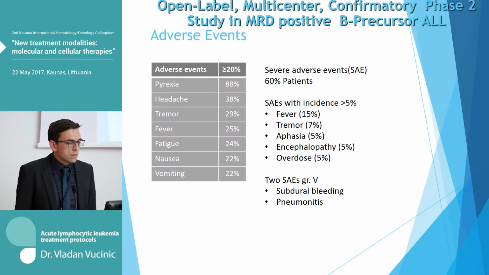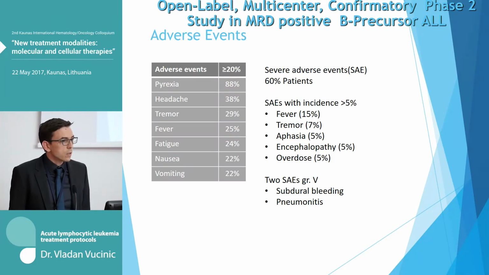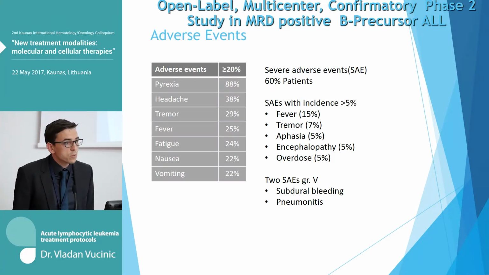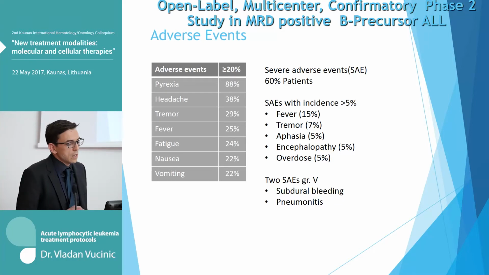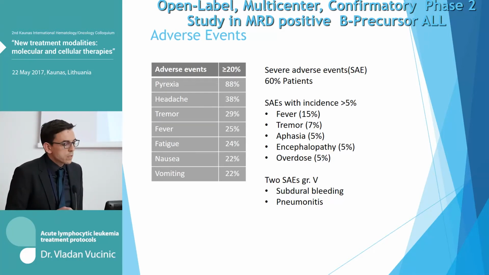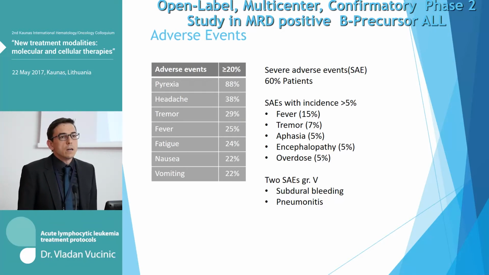After achieving the complete molecular remission, those patients had to be transplanted. I'm going to come to this point. Here are the adverse events of the therapy, and the adverse events were mostly pyrexia, headache, and neurological adverse events. Anyhow, they were in the BLAST study.